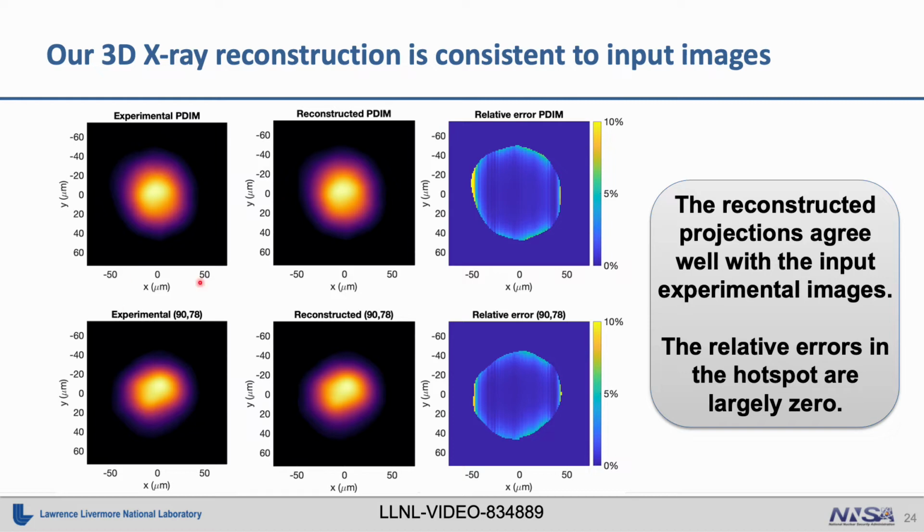So here on the left column are the original input experimental images, and here in the middle column is the back projection image from our 3D X-ray reconstruction, and then we went on to compute the relative error pixel by pixel. And as you can see, the relative errors here in the hotspot are largely zero, indicating that our 3D reconstruction is consistent with the input images.